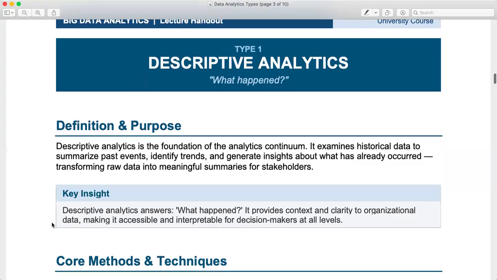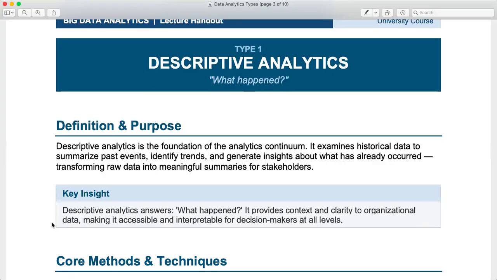Now, let's discuss in detail the descriptive analytics. What happened? Basically, it is the foundation of the whole analytical process in which we examine the historical data so that we can summarize past events.